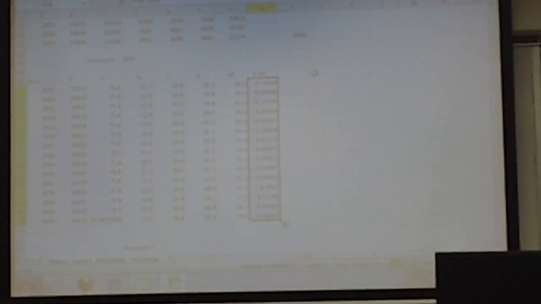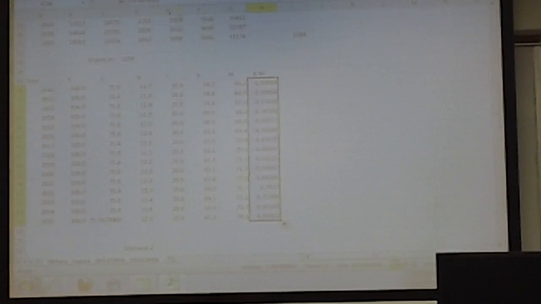You should be able to do that. Well, let's go to scenario 3.